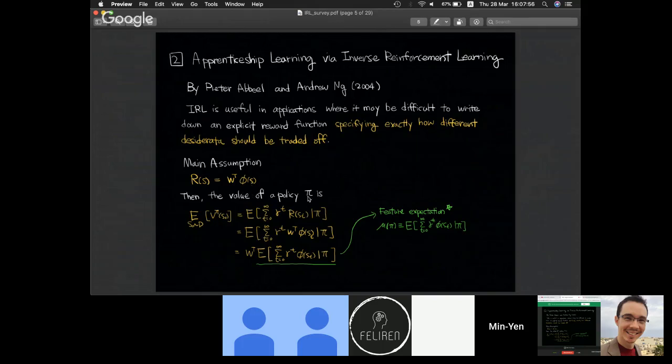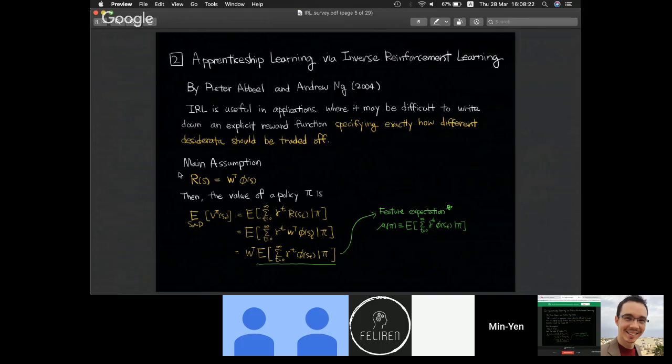And then the value of a policy: I've got a policy that's given to me, and then I want to calculate the expectation of the reward over all the time steps, where I have the discounting factor, gamma to the power t for each of the time steps, right?